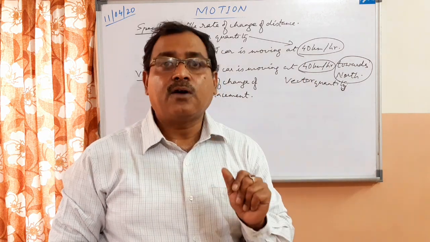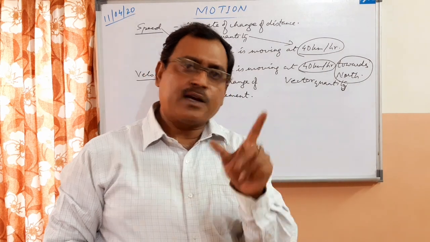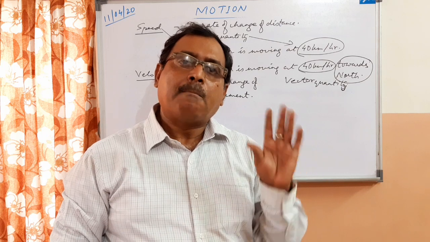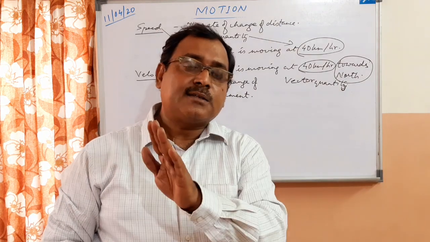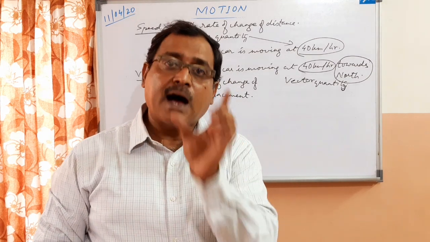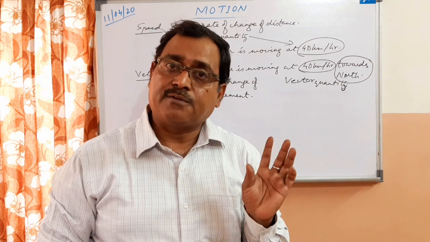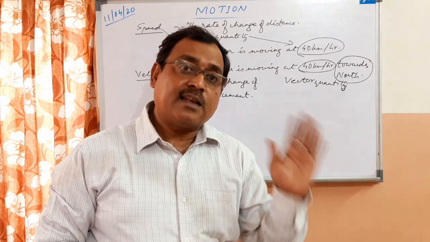Now if I ask you that state three differences between distance and displacement, what will you say? First point you will say the definition. The distance is the total length of path traversed between the initial and the final position, whereas displacement is the shortest path between the initial and the final position. Second point of difference is distance is a scalar quantity.